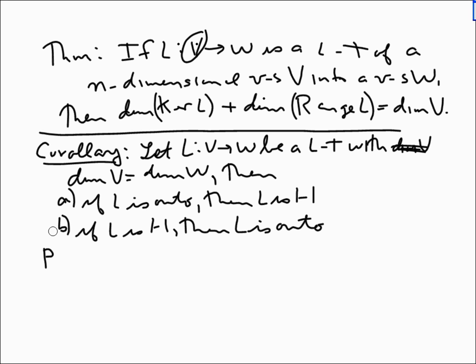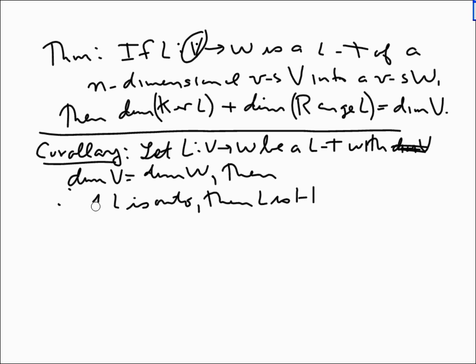Now, let us just write it down that way. L is onto if and only if L is 1 to 1. Okay. Suppose L is onto.